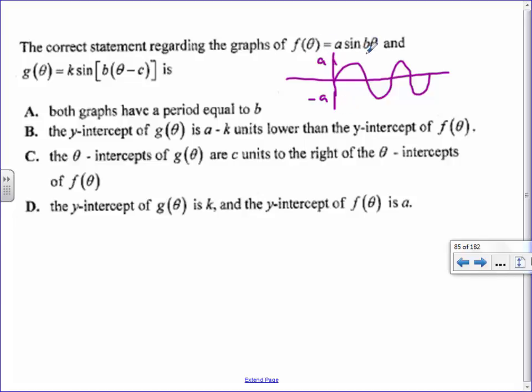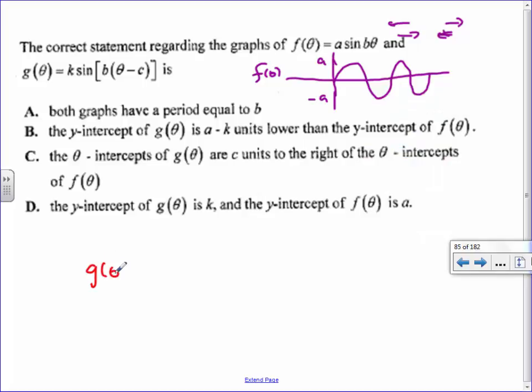What does this b value do to the graph? Yeah, you're right. Squishes it or pulls it out, depending on what that value is. I'm not even sure what I can write here because either this graph is getting squished in or it's getting pulled out, but that's what that b value does. Fair enough? This is our first one. So I'll just do f of theta here. I'll write a different one down later.